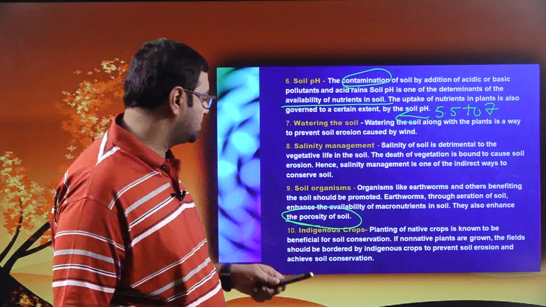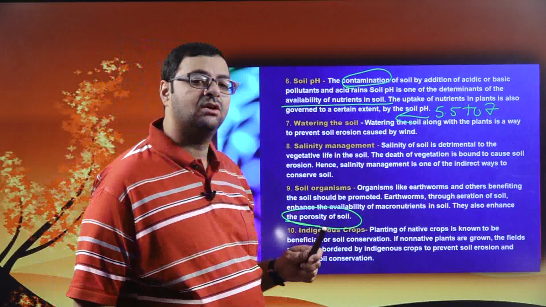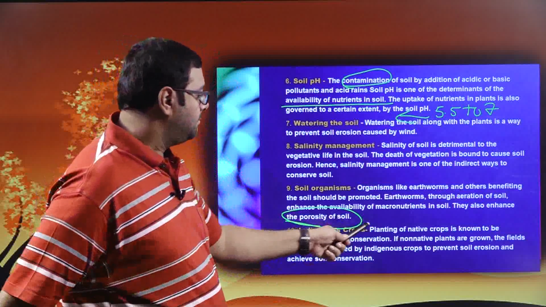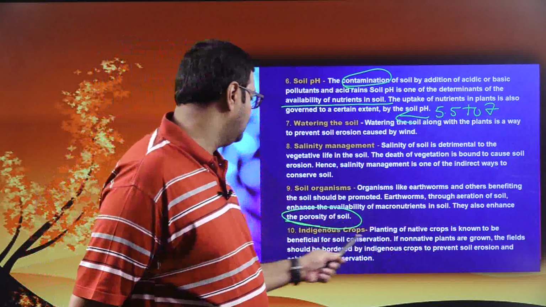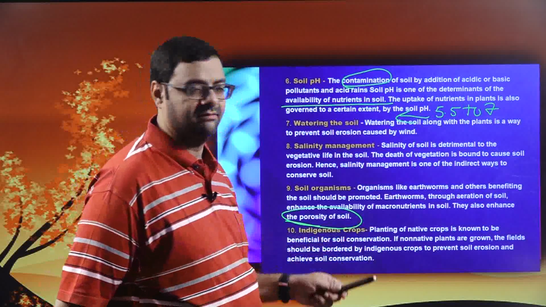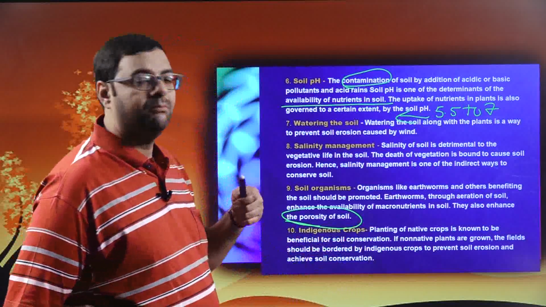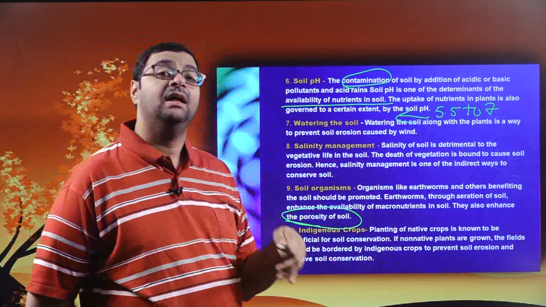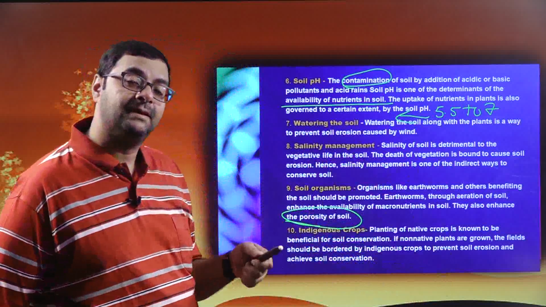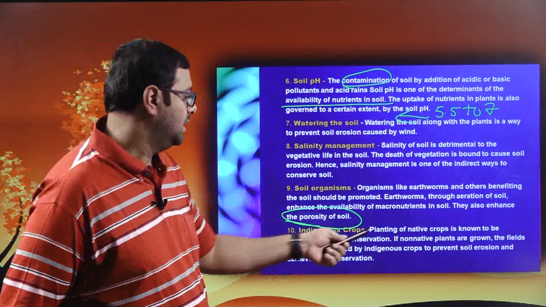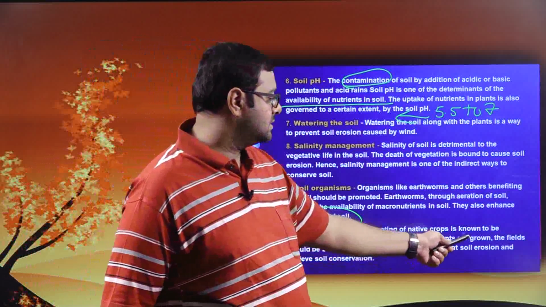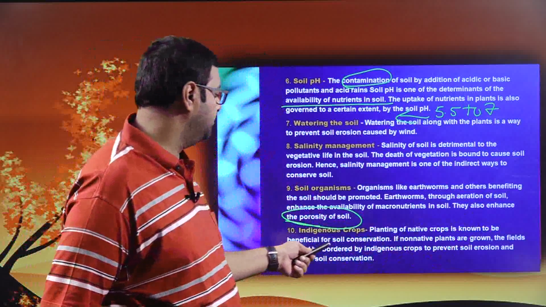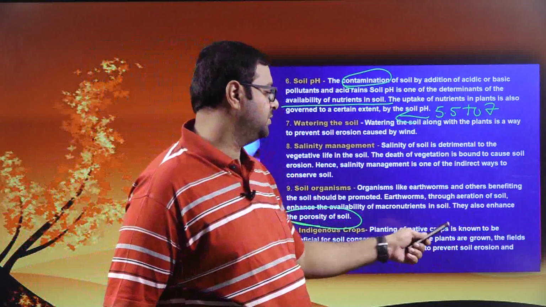And the last one is indigenous crops. Planting of native crops is known to be beneficial for soil conservation. If you plant native crops, the plants which grow in that particular area, it is particularly useful for soil conservation. If non-native plants are grown, the field should be bordered by indigenous crops to prevent soil erosion.